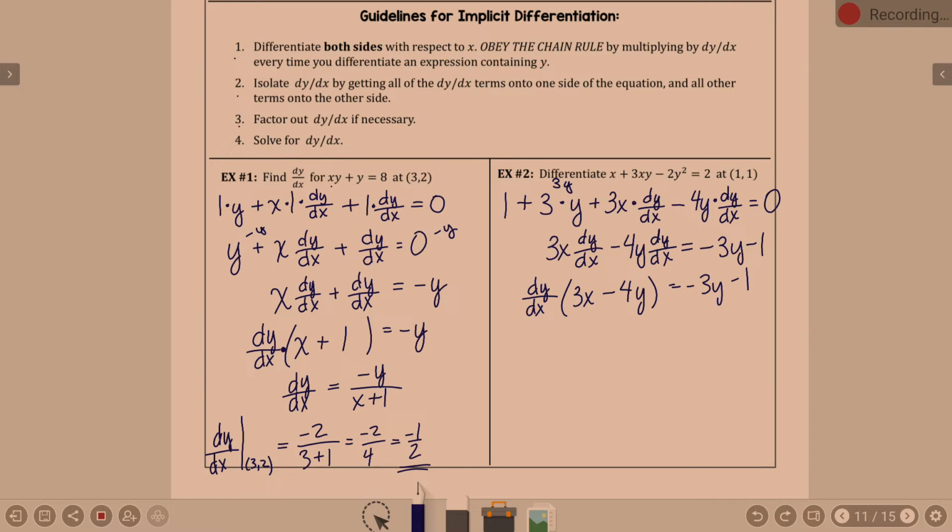And now we can divide. dy/dx is negative 3y minus 1 over 3x minus 4y. It's not pretty, and that's okay. And now we're going to evaluate dy/dx at 1, 1.